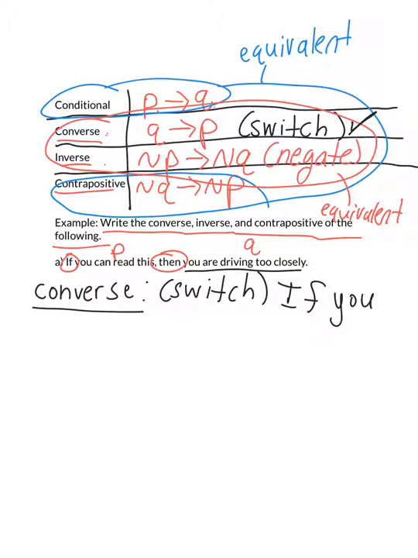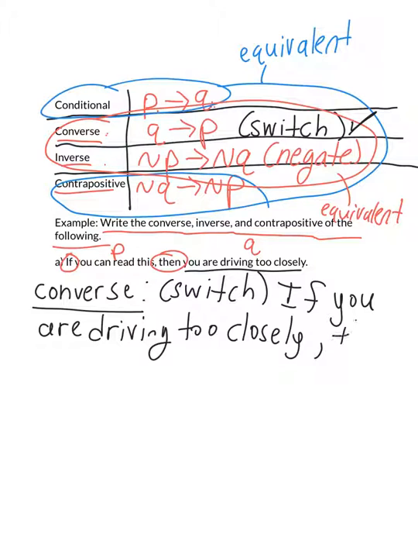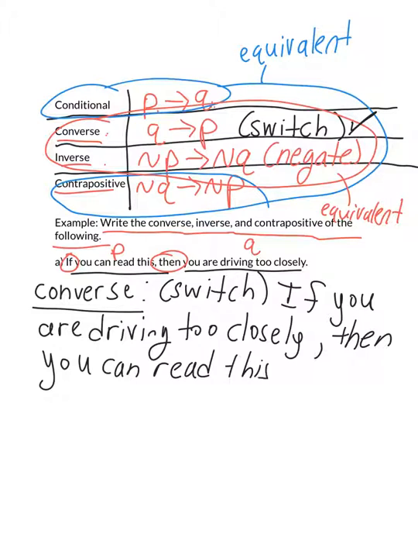So if you are driving too closely, and in the then portion is now going to be you can read this. Then you can read this. So just swap your sentence around and you have the converse.